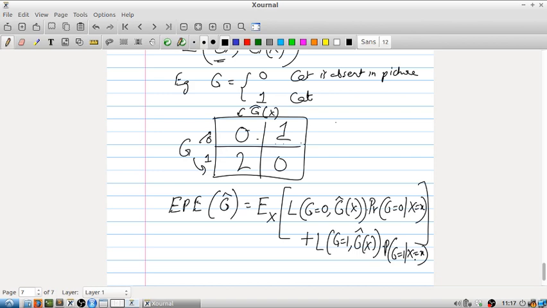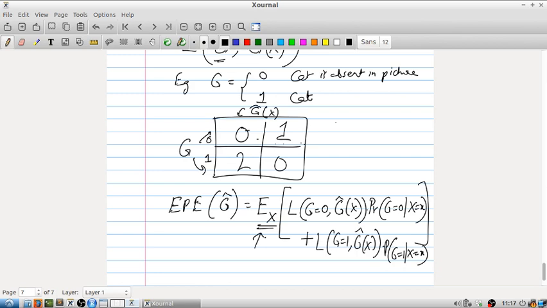If you remember the decomposition that I did, the joint distribution can always be split as the probability over x times the probability of y given x, right? So that's what I've done. Let's say x is a picture. How many different pictures can there be? There are too many. I don't want to expand that, so I just wrote it as expectation over x. And the outcomes for g are just 2.